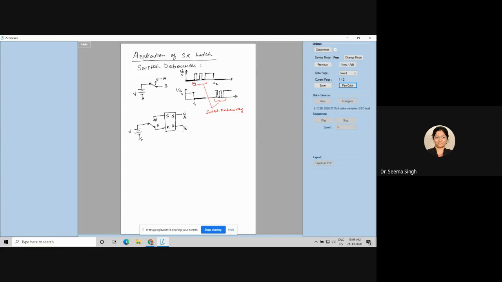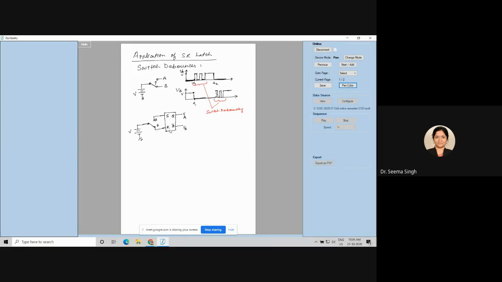So it is in a reset state. When this switch is towards A, it is a set state. Set state says S equal to 1, which means Q will be high and Q bar, that means VB, will be 0. So your set and reset is taking care of VA to be high when the switch is towards A and VB to be high when the switch is towards B.